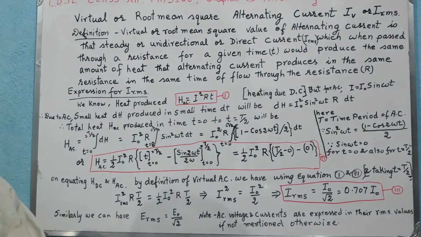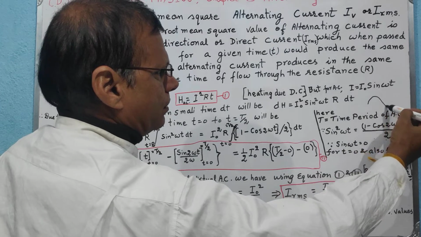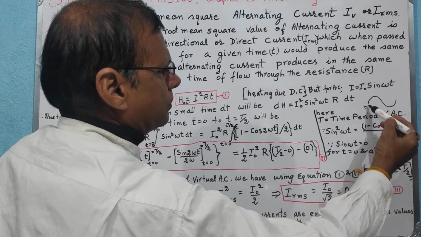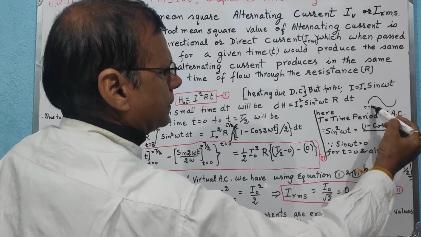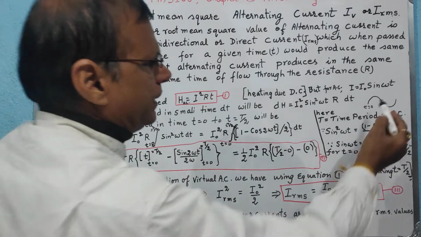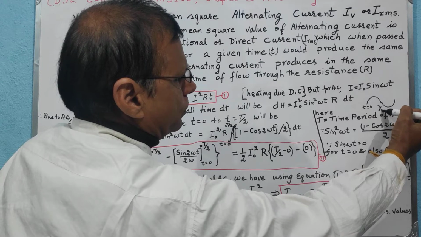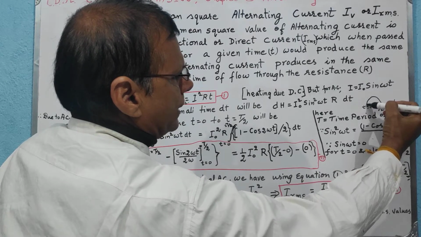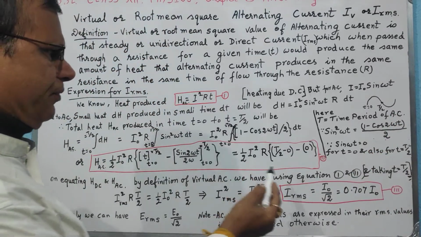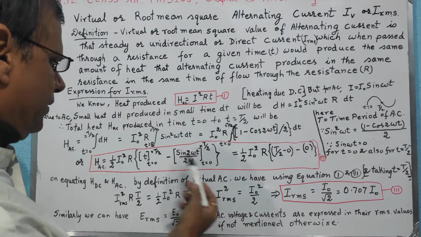Because if you look at the sine wave, how it varies, this is the point t equal to 0, a starting point, and this is the half wave completed, at time t equal to capital T by 2. So you see the sine value is 0 at t equal to 0, and the sine value is 0 at t equal to capital T by 2. Therefore this term becomes 0 minus 0, that is 0.